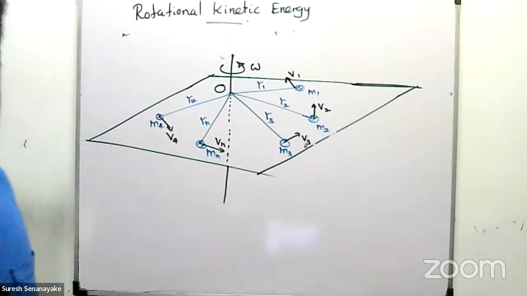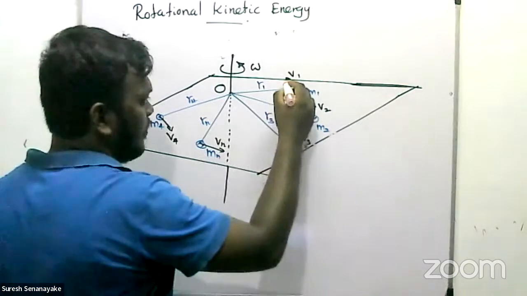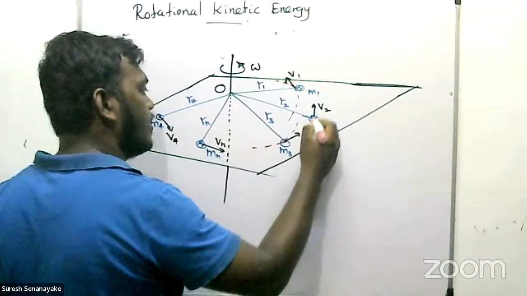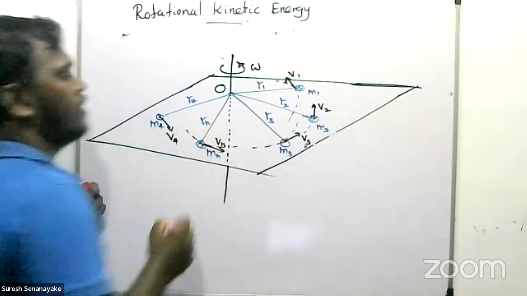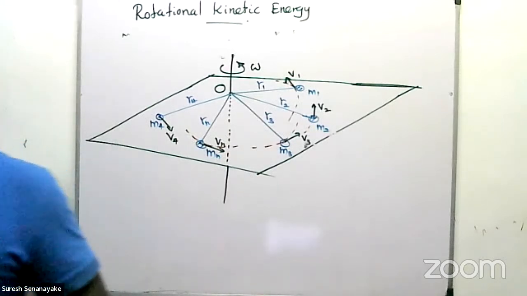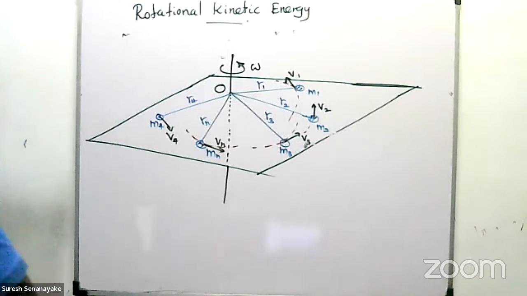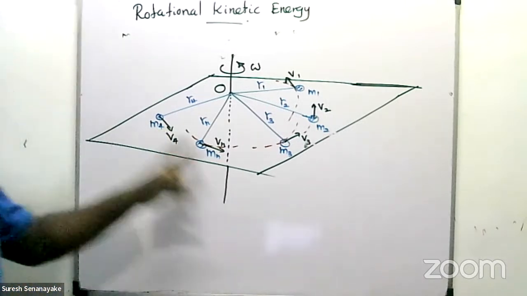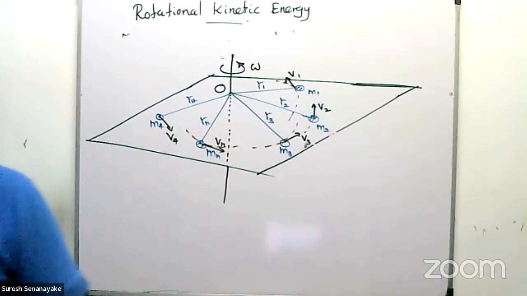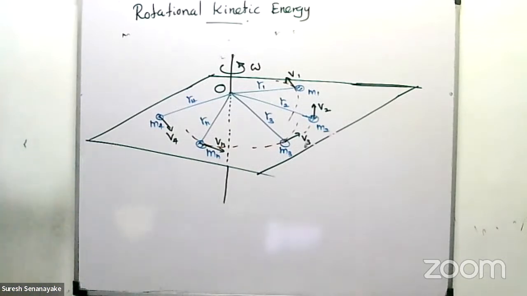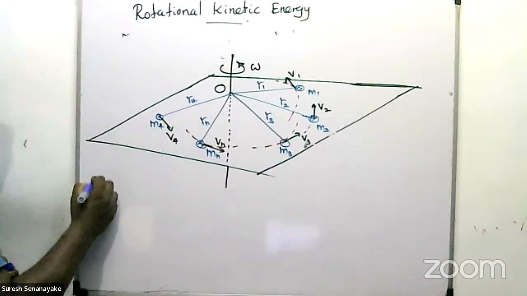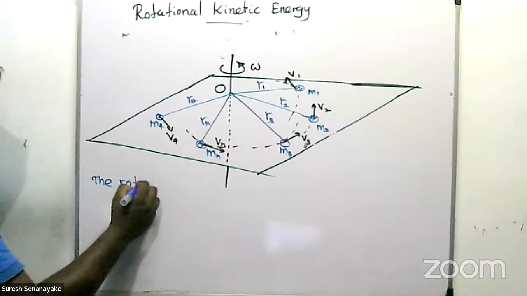They are making circular motions, different circles. I'm not going to draw this; you can draw this one. The rotational kinetic energy of the system is the sum of the kinetic energies of all the particles in the system. You have the rotational kinetic energy.